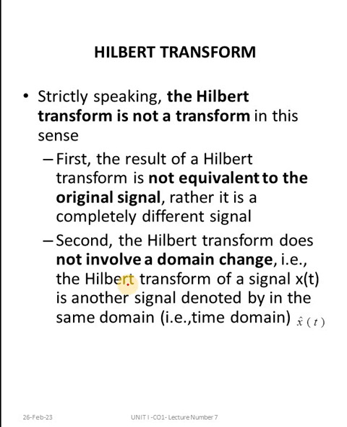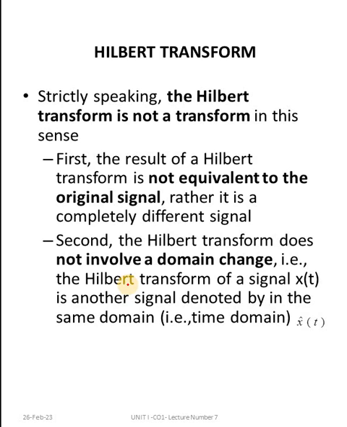Normally, a transform is used for converting signals from one domain into another domain, whereas in the Hilbert Transform it is not actually a domain change. Whatever you are giving, that is a signal x of t, there is no change of time domain.